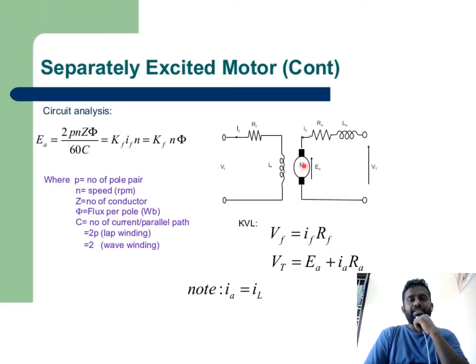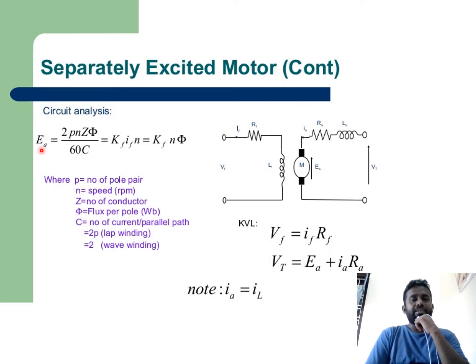This is the separately excited DC motor wherein the field winding is excited by some external DC source, and this is the armature. EA or EB is the back EMF, RA is the armature resistance, this is armature inductance, this is field resistance RF, terminal voltage VT, this is field voltage VF.